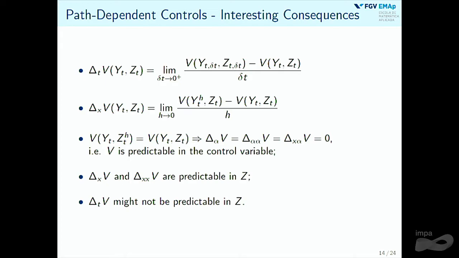So these are all zeros, and this is very similar to one generalization people consider, like Cont and Fournier. They consider a functional of the spot and the quadratic variation, because the quadratic variation is not a smooth functional, so that was the way they had to include this type of functional in their theory.